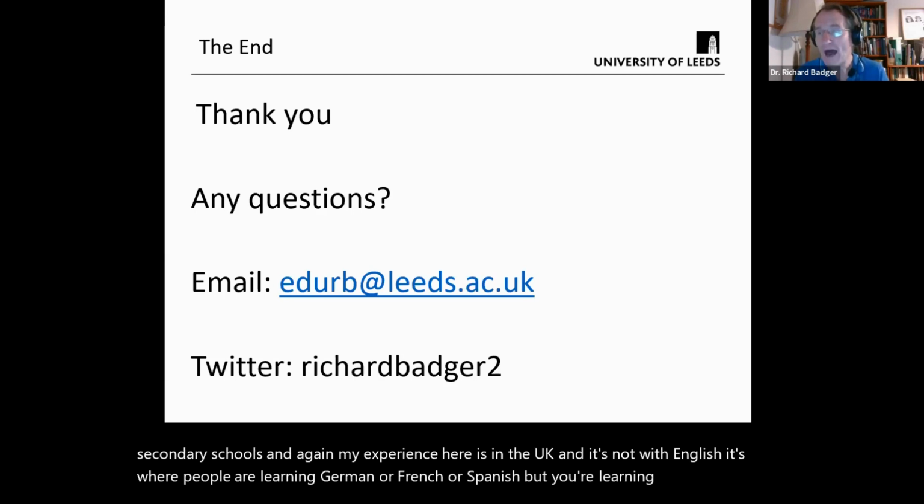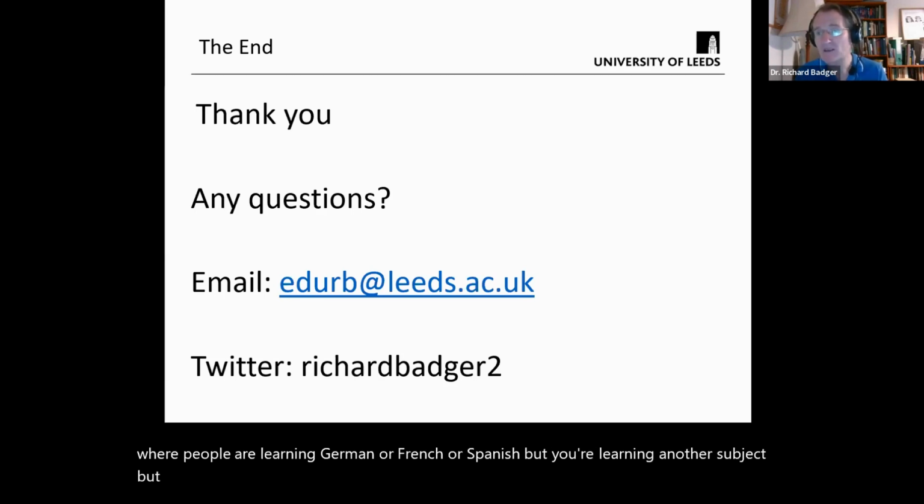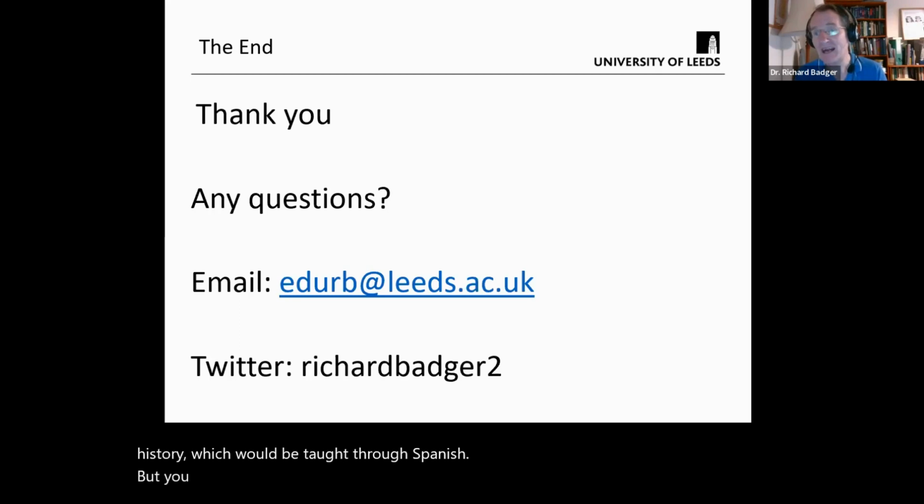What happens typically in a UK school is that you would have a CLIL class, say in history, which would be taught through Spanish, but you would also have a Spanish lesson. So there would be a parallel between the CLIL lesson and the language lesson.